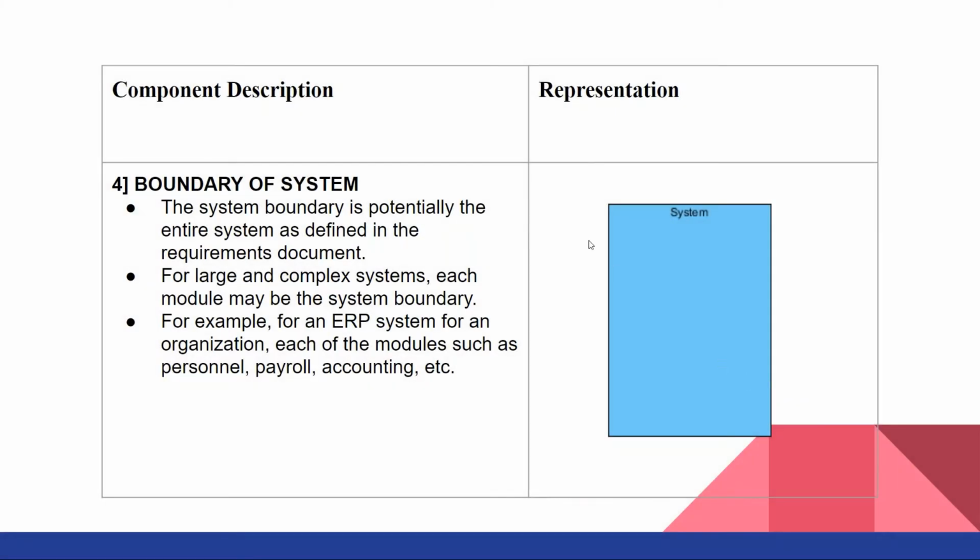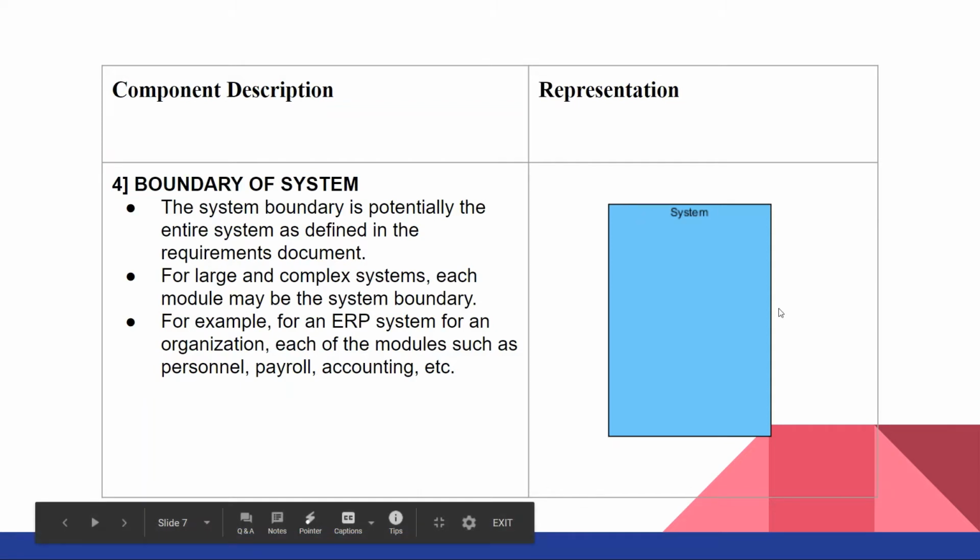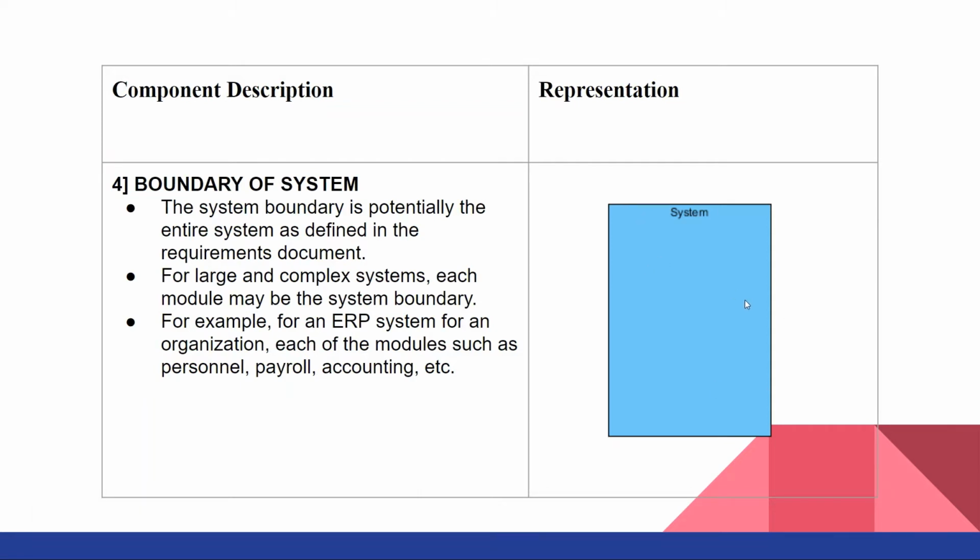So next system component is the boundary of the system. So this is shown using this rectangle. So whatever is included inside this rectangle will be nothing but the entire system. That is, entire system will be shown within this rectangular box.